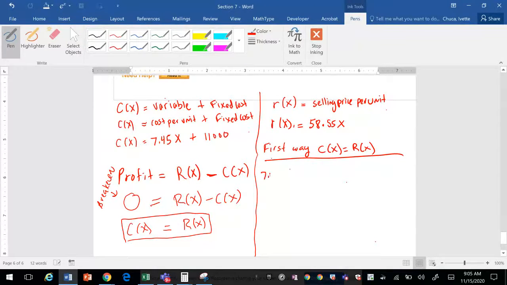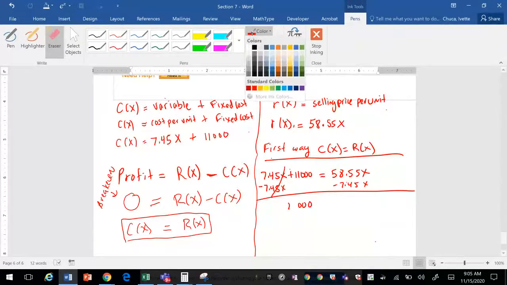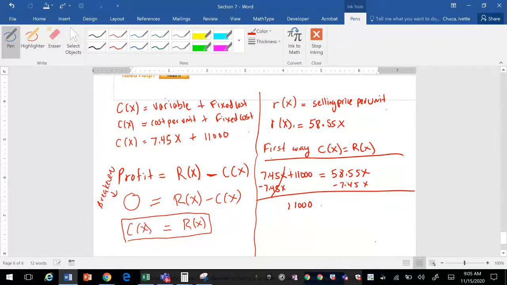So my cost function, 7.45x plus 11,000, is equal to my revenue. I'm going to solve for x. I'm going to subtract 7.45x on both sides. So we get 11,000 is equal to 51.10x. Divide by 51.10.